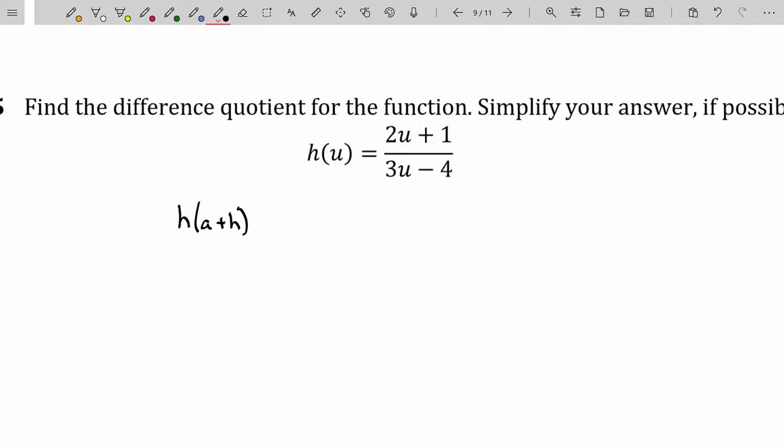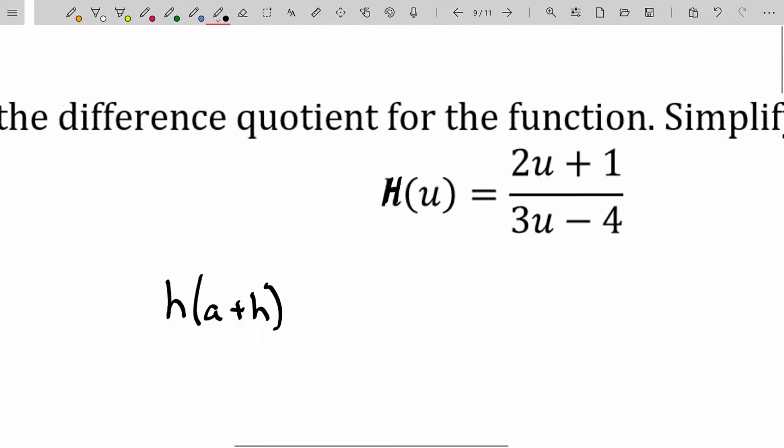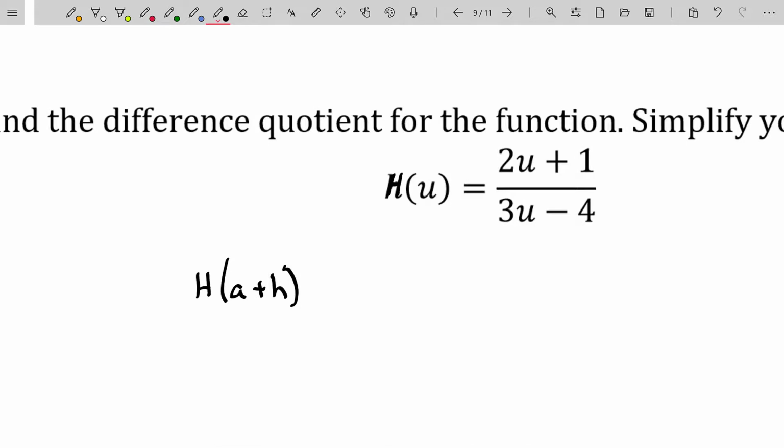Well, that's an unfortunate naming convention. How about we rename this function to a capital H, because it's less confusion. So we have capital H evaluated at a plus little h minus capital H evaluated at a, all divided by little h, little h being the wiggle away from our anchor point a, capital H just being the name of the function.